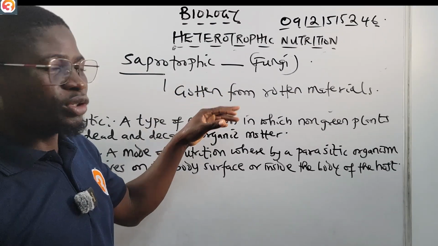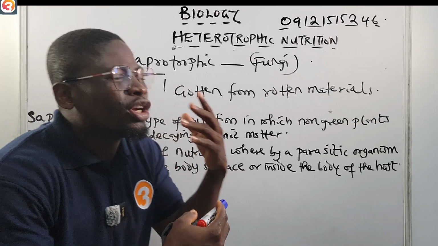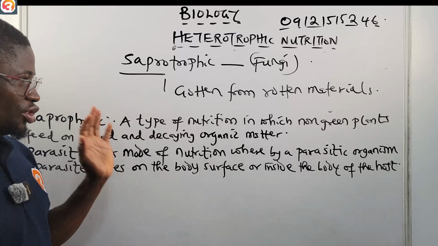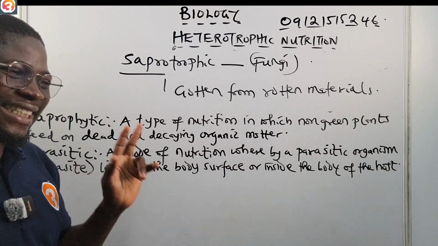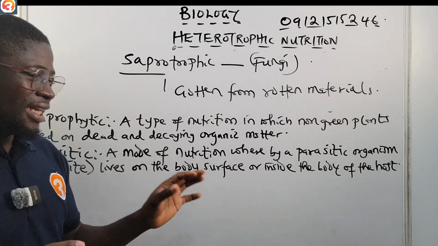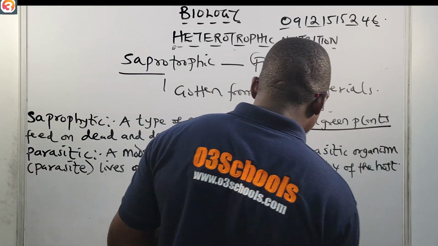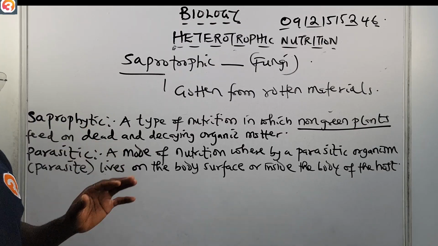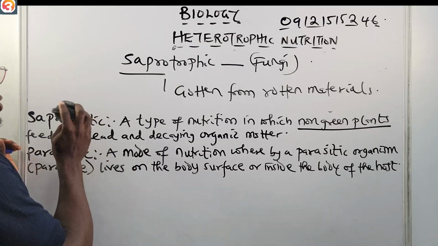So saprotrophic means nutrition that is gotten from rotting material. Saprotrophic nutrition is a type of nutrition in which non-green plants feed on dead and decaying organic matter. Because they do not have chlorophyll, they cannot manufacture their own food, so they feed on dead and decaying organic matter.